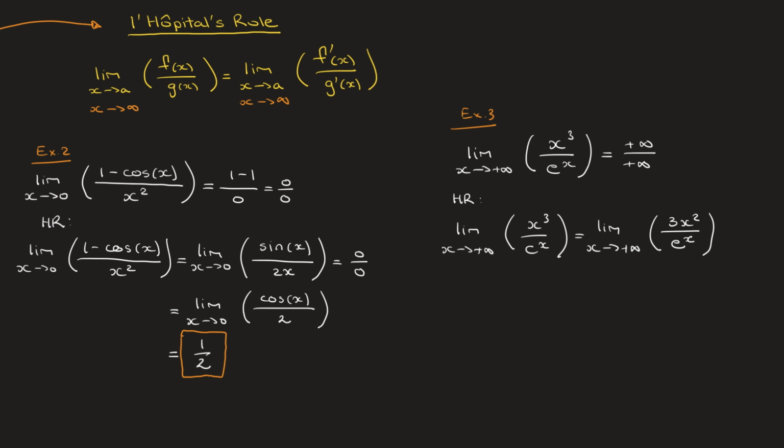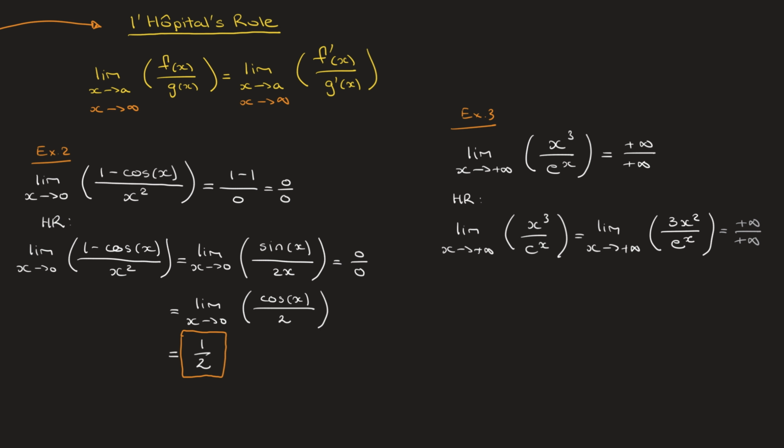There we go. And looking at this limit, well, again, as x tends towards positive infinity, the 3x squared we have on the numerator here will again tend towards positive infinity, and the e of x we have on the denominator, well, once more, that will tend towards positive infinity as well. So this limit is just equal to positive infinity over positive infinity.